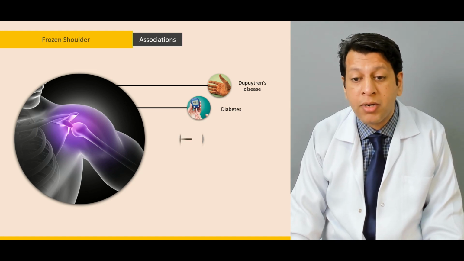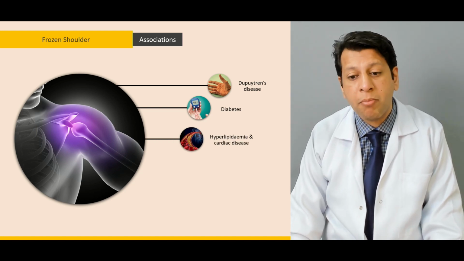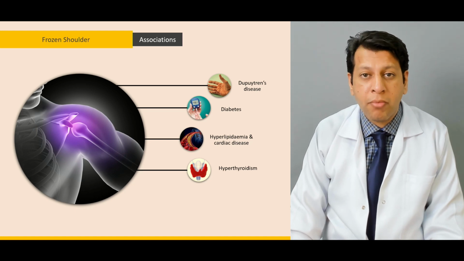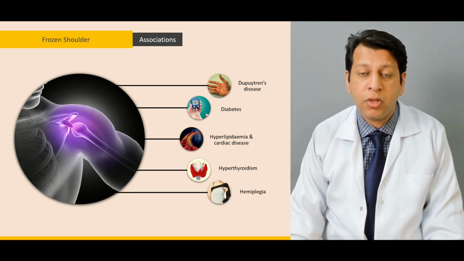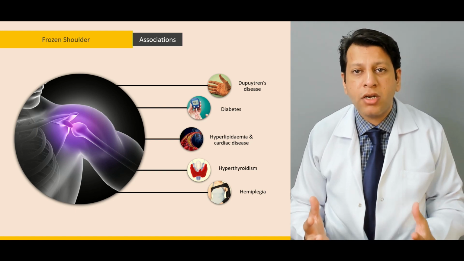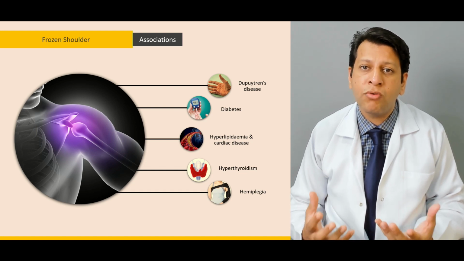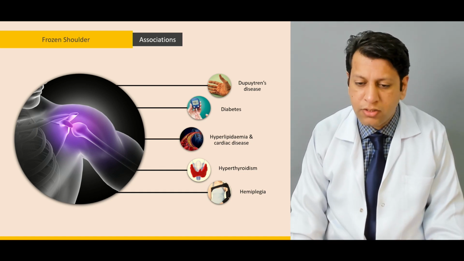Especially common are diabetes and cardiovascular diseases, which are usually associated with hyperlipidemia or hyperthyroidism, or hemiplegia as well. Stroke patients have a tendency, because there is not enough movement taking place, and this usually results in increased fibrosis of the capsule, leading to a frozen shoulder situation.